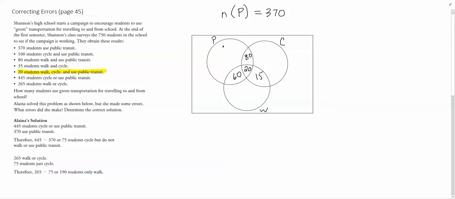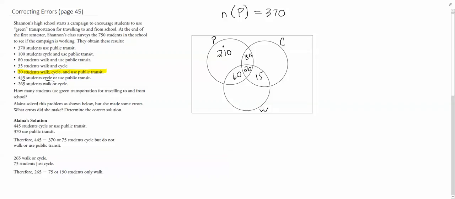So we take the number of students who use public transit, which was 370, and we subtract out from there the students who use public transit and cycle, and then we subtract out the students that use public transit, cycle, and walk, and then we subtract out the students that use public transit and walk. And so we're left with 210 students using public transit.